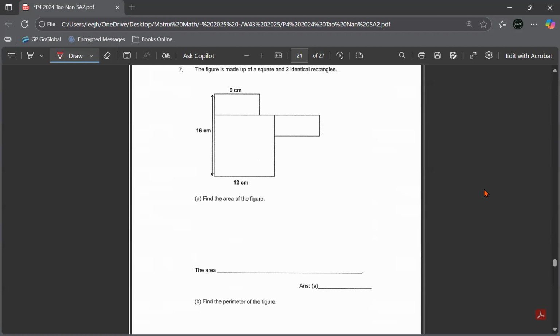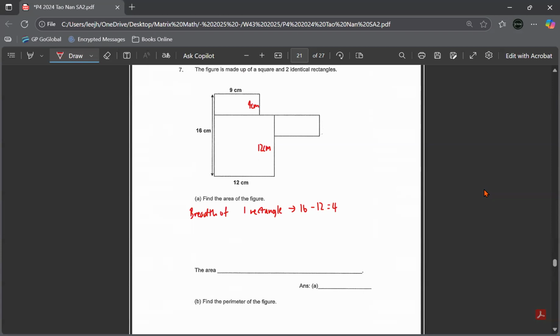So this is 12, right? So that means this is also 12 cm. This whole thing is 16. This is 12. That means I can find the breadth of one rectangle. You just take 16 minus 12, 4 cm. So one rectangle is 4 cm.